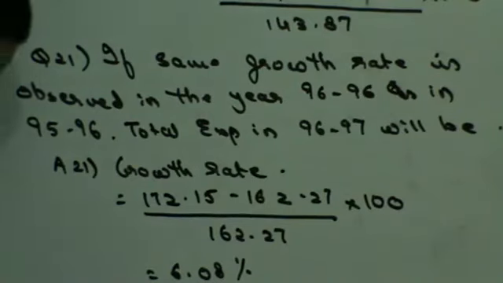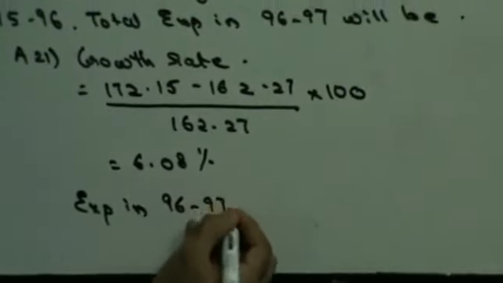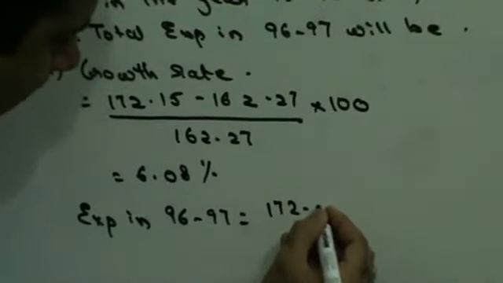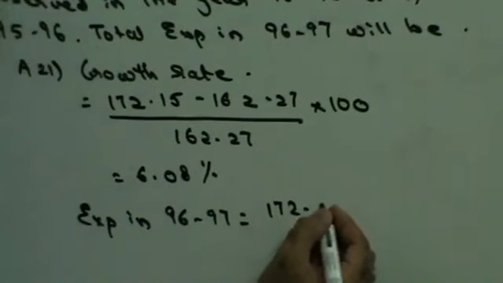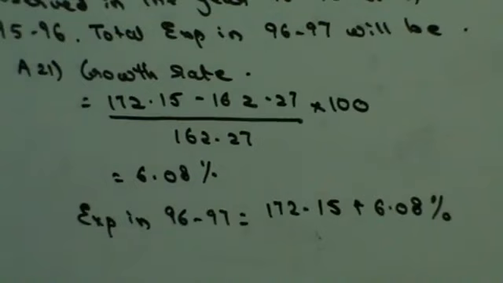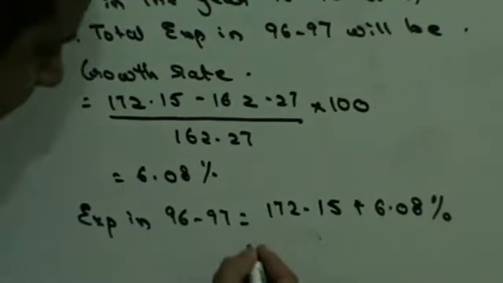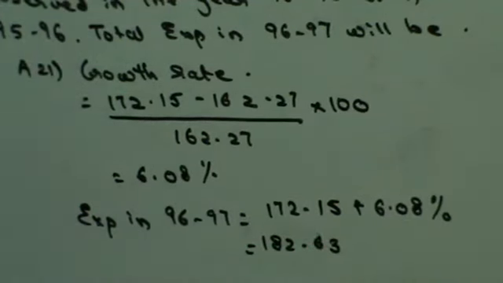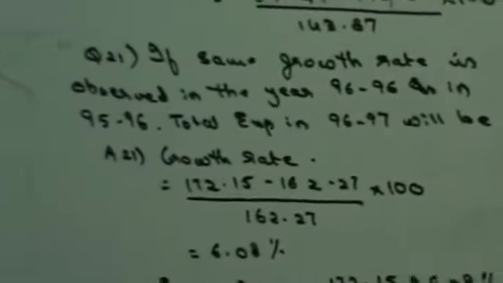So expenditure in 96-97 will be whatever was in 95-96, 172.15, plus 6.08%. 6.08% means 6.08 into 172.15 divided by 100, which should come out to 182.63. So that will be my expenditure in 96-97 if I have to keep the growth rate constant.